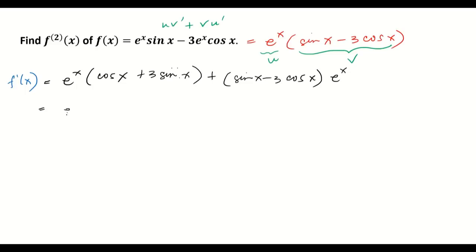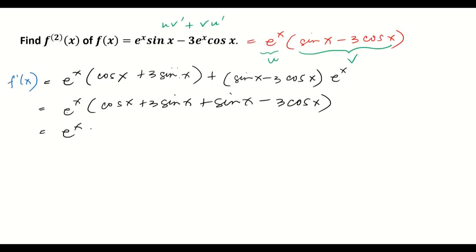E raised to x is a common factor, so we can have this as e raised to x times cosine x plus 3 sine x plus sine x minus 3 cosine x. So combining like terms, we have e raised to x times cosine x minus 3 cosine x. This would be negative 2 cosine x. And for 3 sine x plus sine x, we have plus 4 sine x. So this is our first derivative.